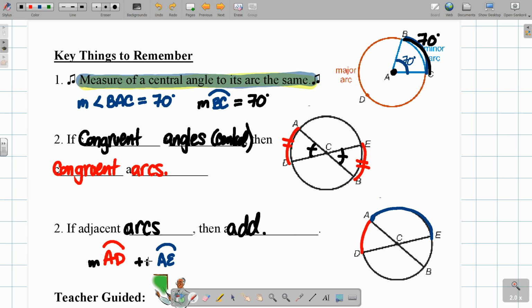Notice the little m there. If I add those arcs up, it's going to equal this larger arc, and it's a semicircle in this case, so we say DAE. Little arcs add up to big arcs. Like I said, these were simple concepts.